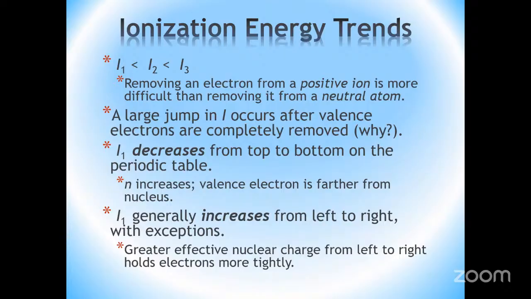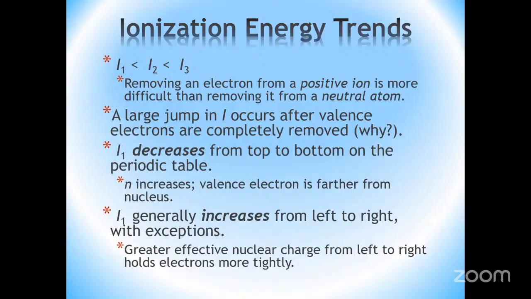Now, going across any period, let's think about what happens in this case. This is related to something we mentioned before. As we go across any period, the distance between the nucleus and the valence electron will decrease. So as a result of that, the ionization energy will generally increase.